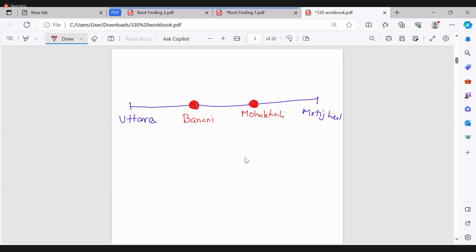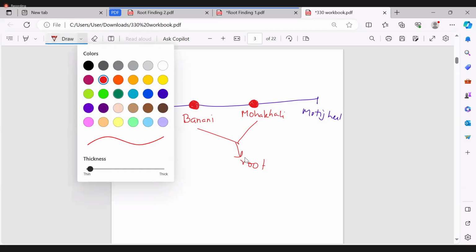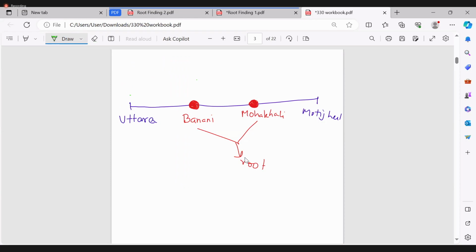So these are your two routes. These are my two routes, my friend's home and Mohakhali, my university. Now, somehow if you start from Uttara, which route you are going to get to first? Banani, right? If you start from Motijheel, you get to Mohakhali first. So you will reach whichever the route is closer to you first.